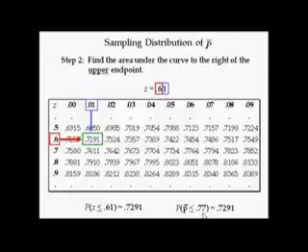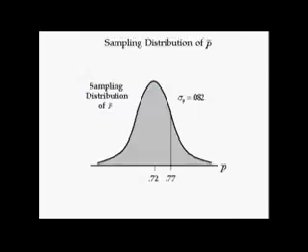Since 0.77 is 0.61 standard deviations above the mean, the probability that p bar is less than or equal to 0.77 is equal to 0.7291 as well. The probability the sample proportion is greater than or equal to 0.77 is 0.2709.